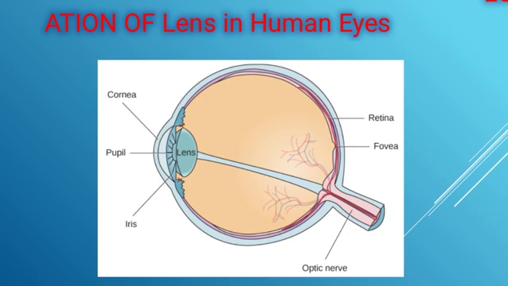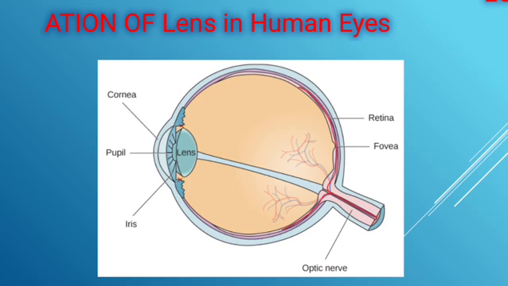So in this slide you are able to see one picture of a human eye. Lens, cornea, pupil, iris, optic nerve, retina, fovea. These are all different parts of the human eye and they all have different functions.